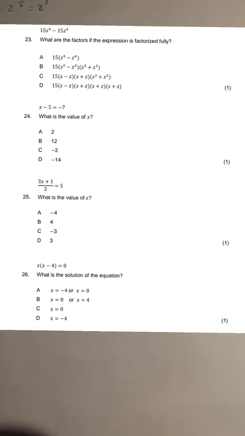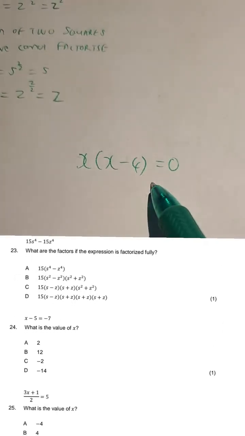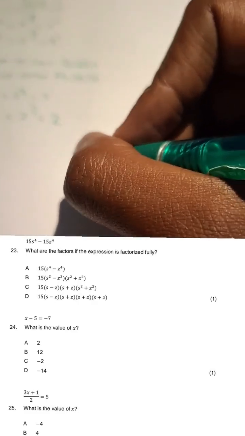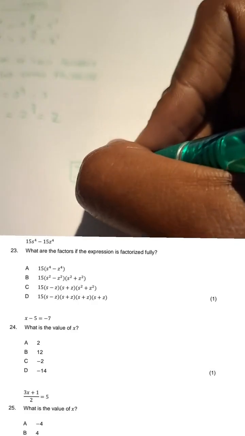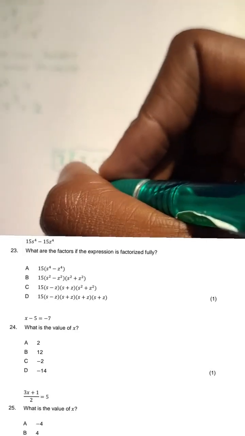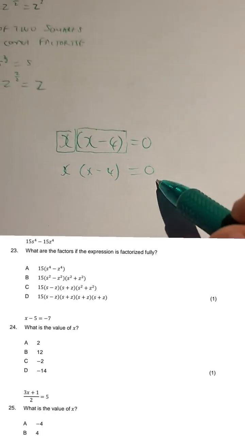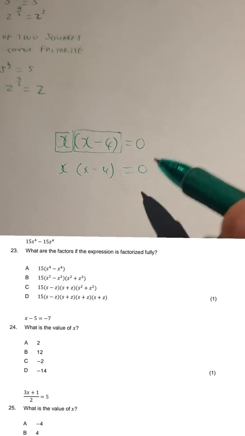So what is the solution of the equation x into x minus 4? Guys, remember, here we have a product of factors. In other words, we have x into x minus 4 and we have a 0 on the right hand side.